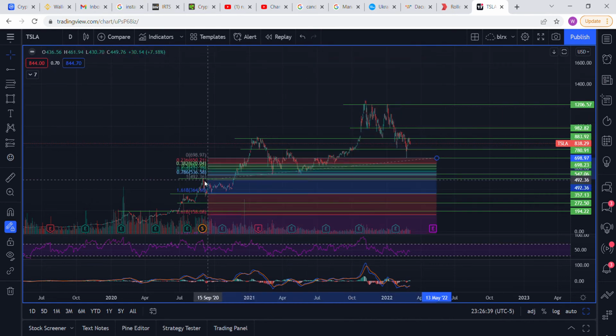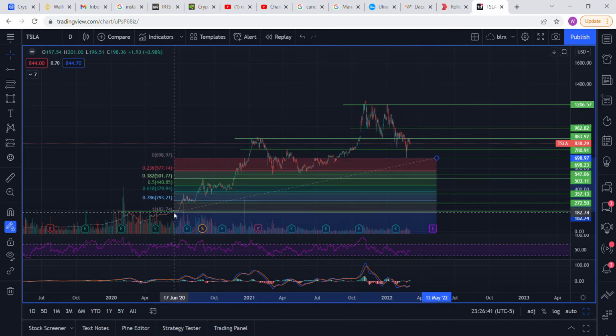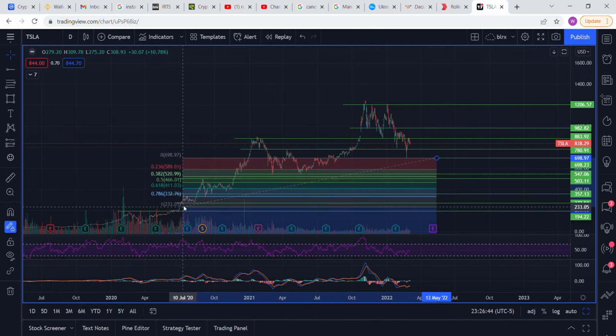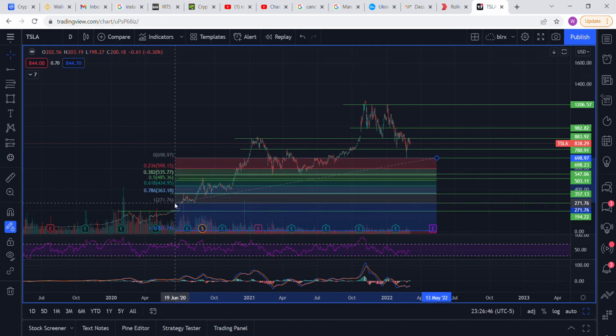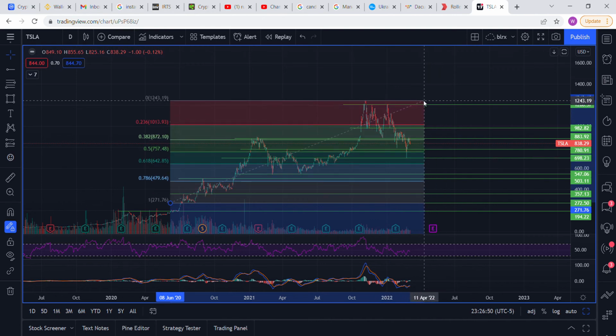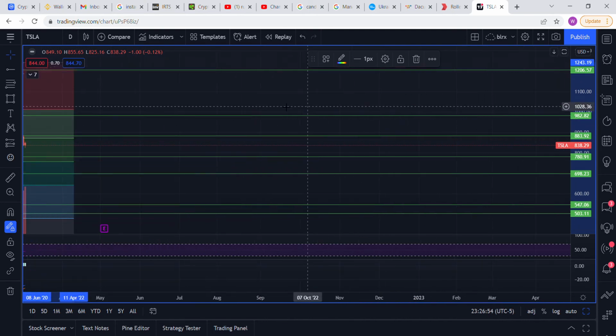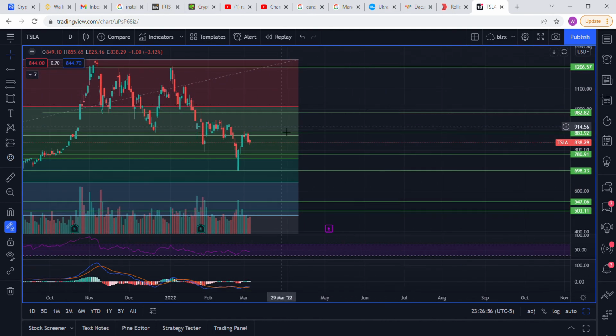Let's see this. If we go and use this low and move this up here, this gives you a little bit more. This is more for the downside, but this could tell you kind of what you're looking for there too. Look, this is on the downside. That was a big level right there.